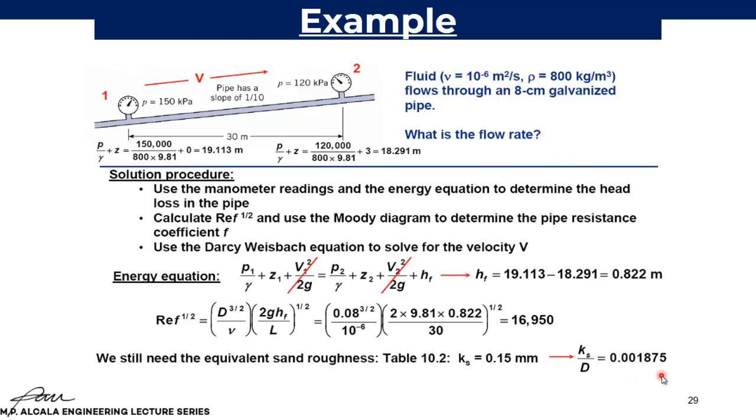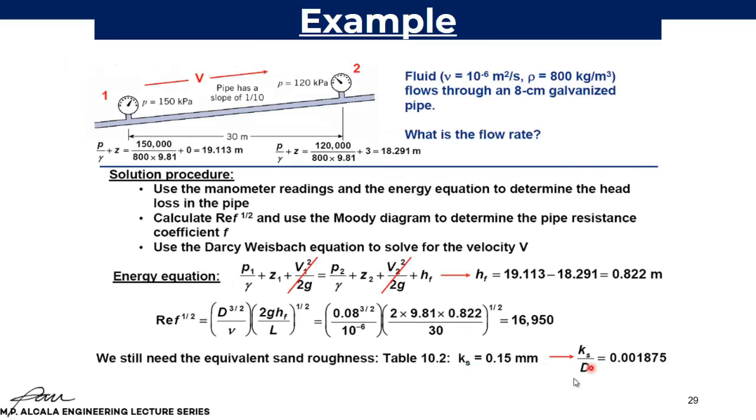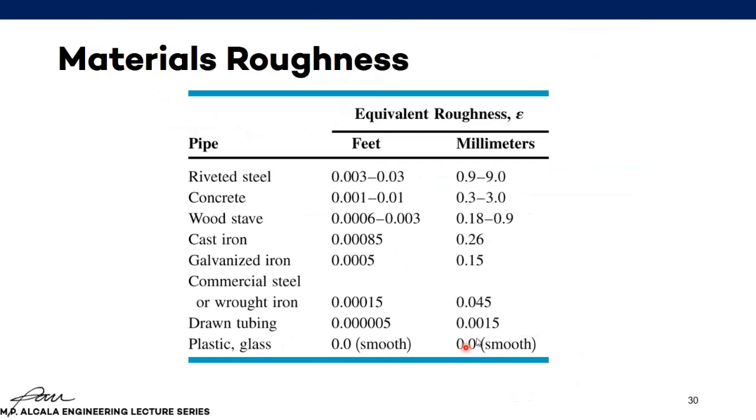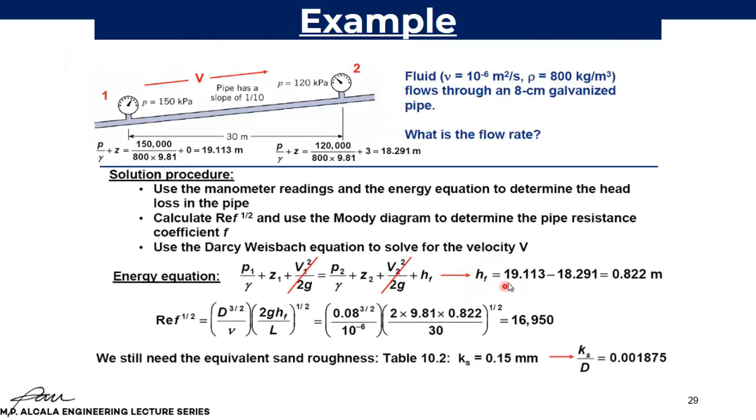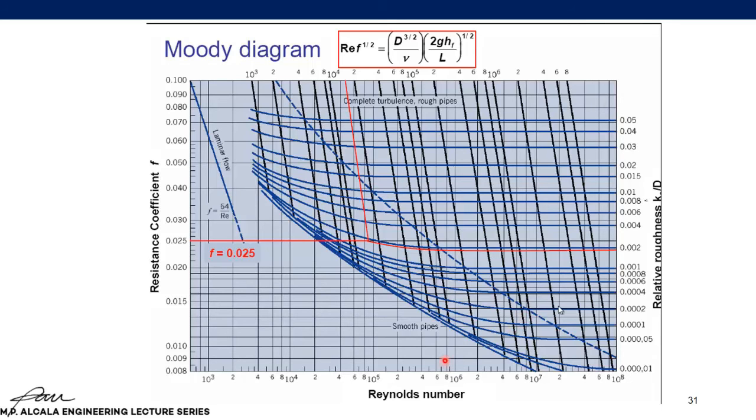That will give us 0.001875. Okay? So, where did we get the ks, class? 0.15. So, here. Galvanized iron. Okay, 0.15. Galvanized iron. So, here. Next. Where is it? Okay.